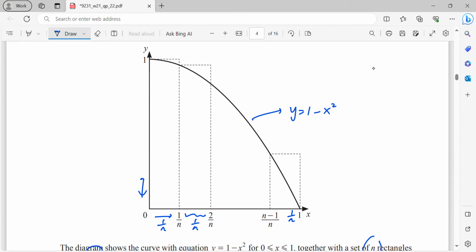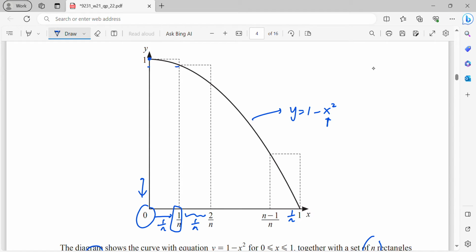For the first rectangle, the height here is referring to the first ordinate of the rectangle, which means you replace x by 0, therefore I get 1. And then for the second rectangle, I'm referring to the first ordinate of the second rectangle, which means it's 1 over n. So I will say that this height.